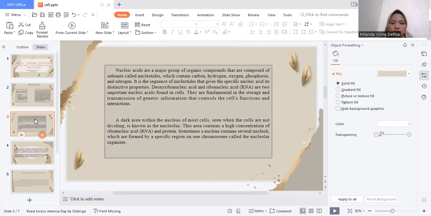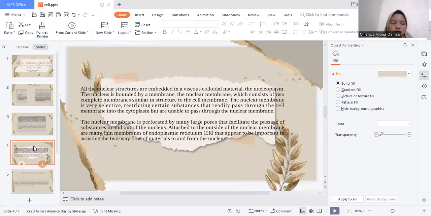Sometimes a nucleus contains several nucleoli, which are formed by a specific region on one chromosome, called the nucleolar organizer. All the nuclear structures are embedded in viscous colloidal material, the nucleoplasm.